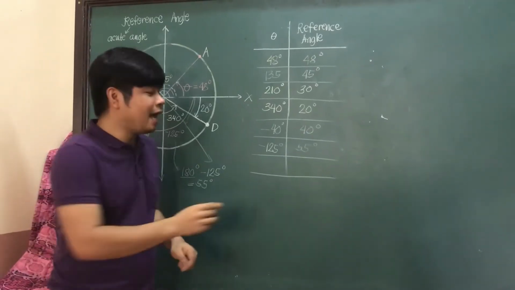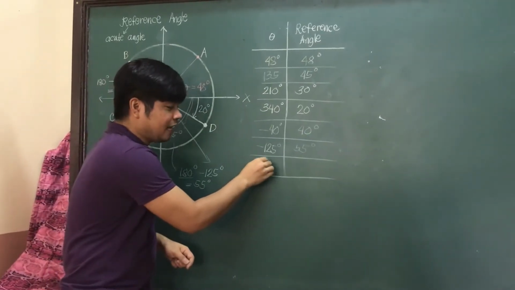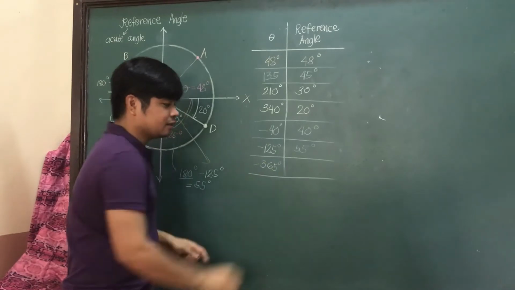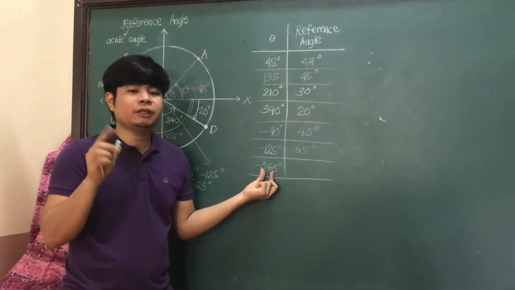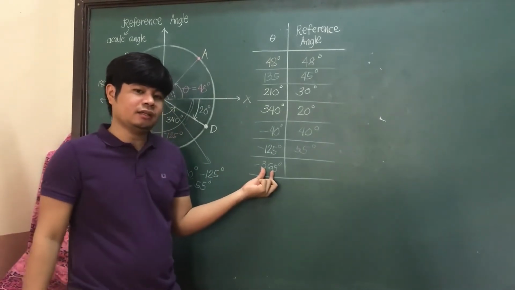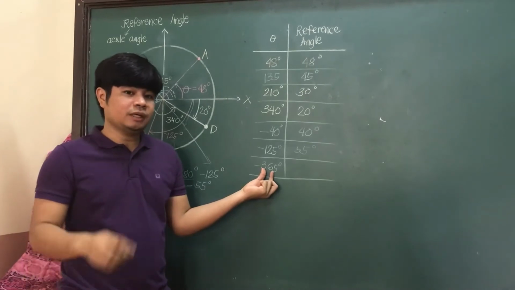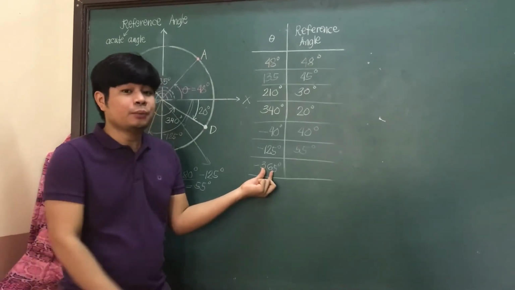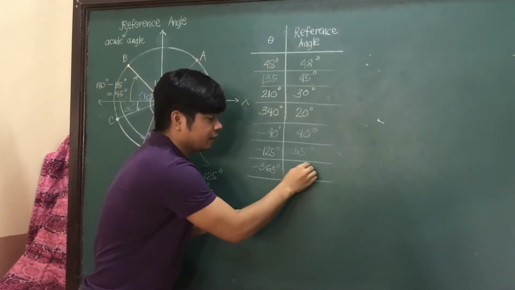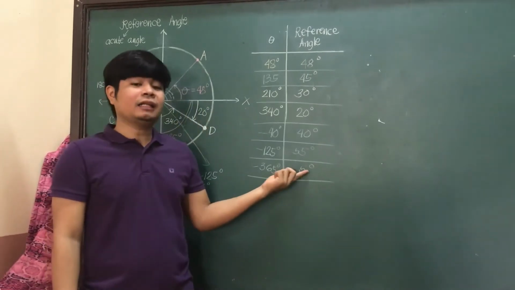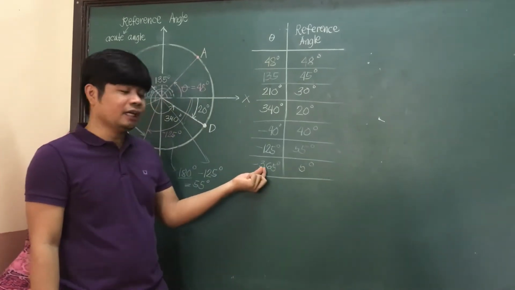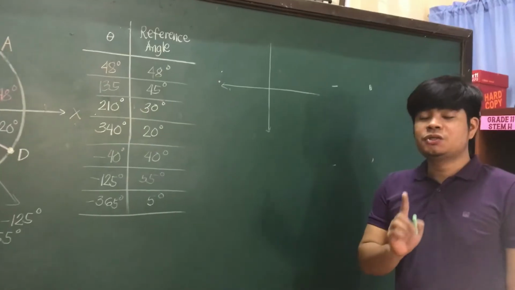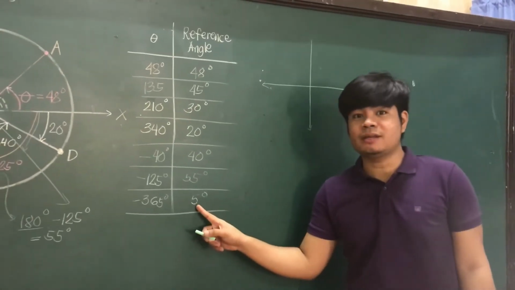But what if we have negative 365 degrees? And we know that one complete revolution in clockwise rotation is negative 360 degrees. So what is the excess measure of it? We have 5 degrees. That is the reference angle of negative 365. So how did we get 5 degrees?